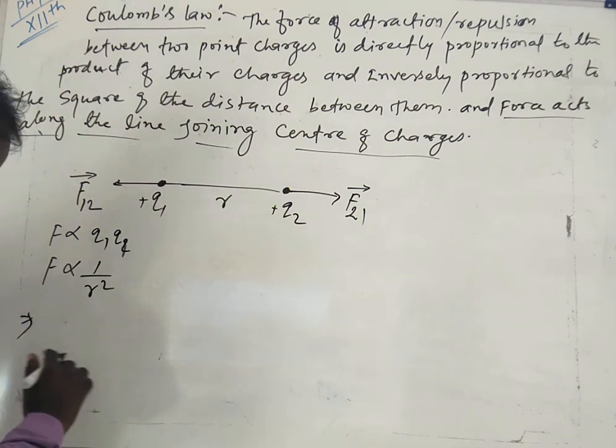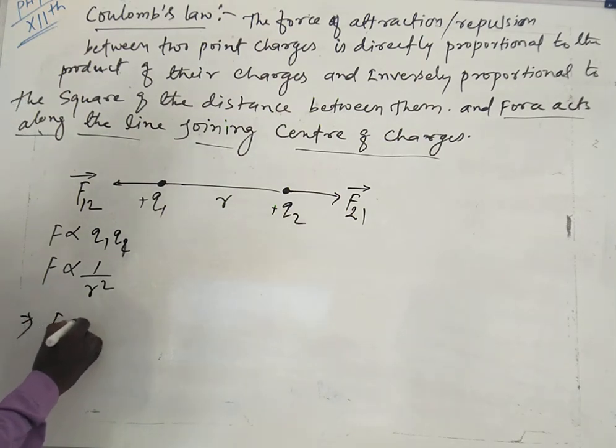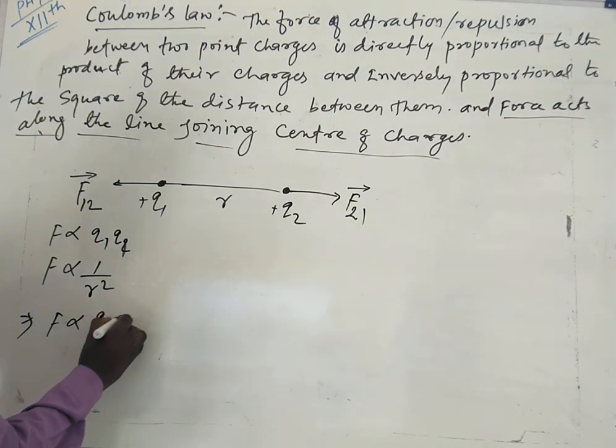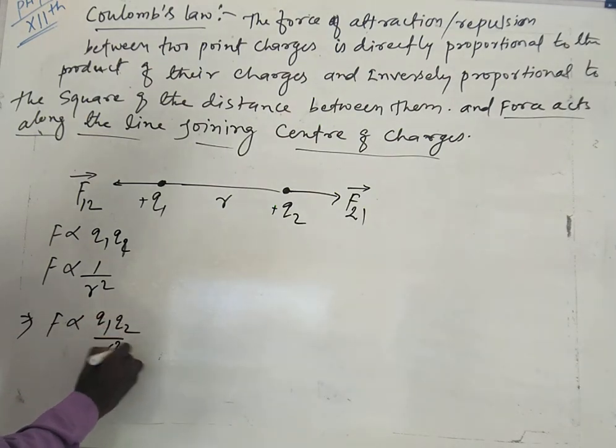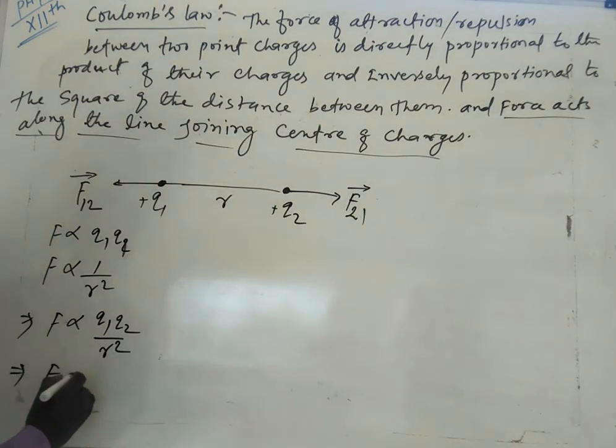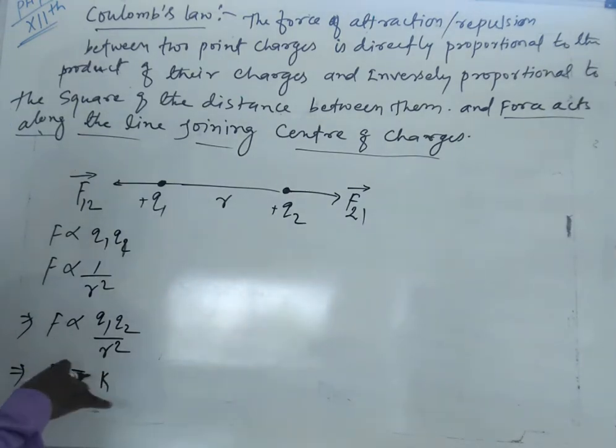Then F is directly proportional to Q1 Q2 divided by r square.